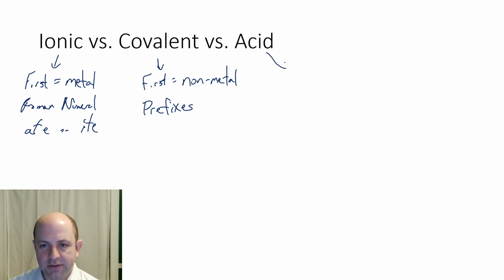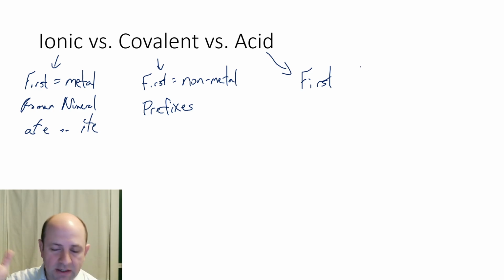If it's an acid, well, then it's easier still. The first thing in an acid, 98% of the time we'll call it, is hydrogen. If you see an H in front, it's guaranteed pretty much to be an acid. There's a few exceptions if you have some weird gases, but if you see H in front in this chapter, assume it's an acid.